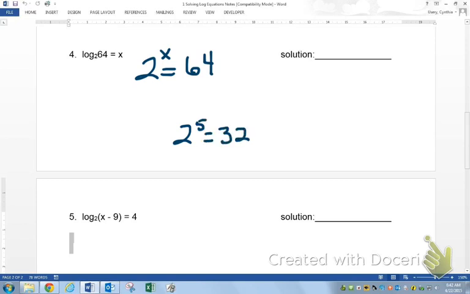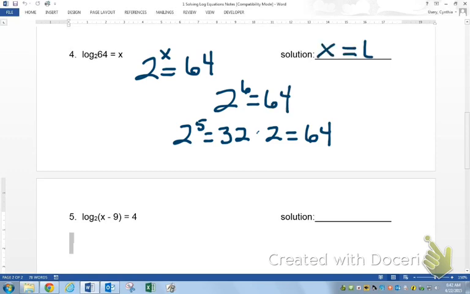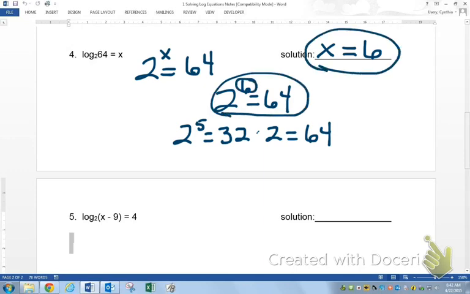But if I multiply 32 by one more 2, I get 64. So it must be that 2 to the 6th power equals 64. So x must equal 6. And remember, we are solving for x, so your solution should be that x equals some number. Please don't leave your answer like this and then circle this 6. I want your answer like that, please.